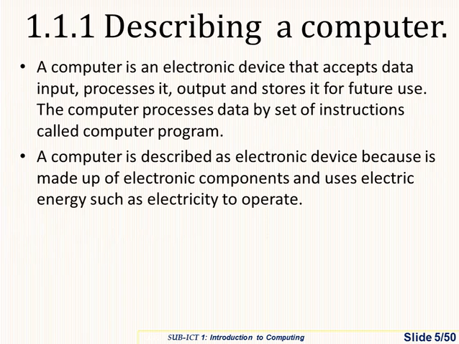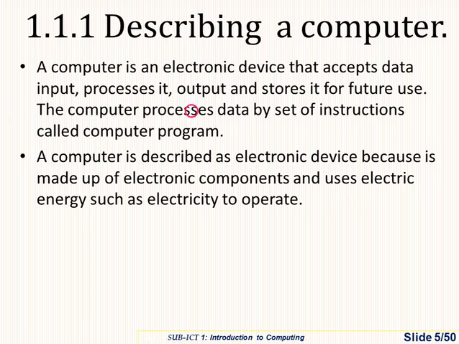So, for us to describe a computer, we need to know what a computer is. And therefore, a computer is an electronic device that accepts data input, processes it, outputs, and stores it for future use. So when you are giving a definition of a computer, please make sure you have some words that you should not miss out in your definition.